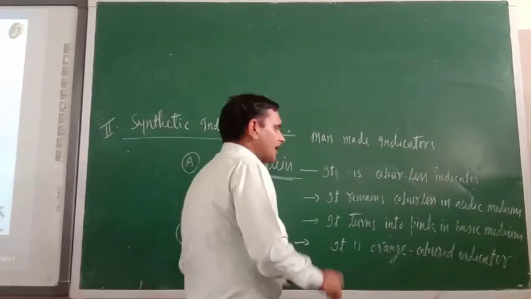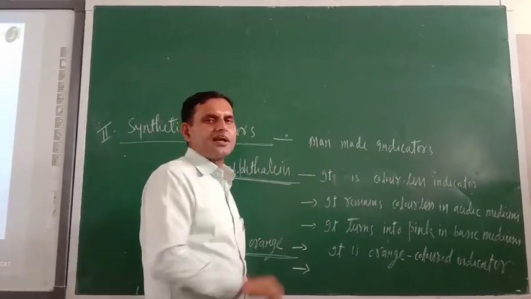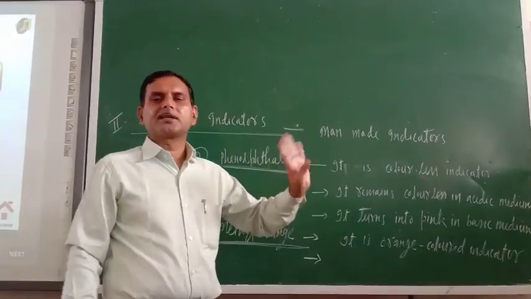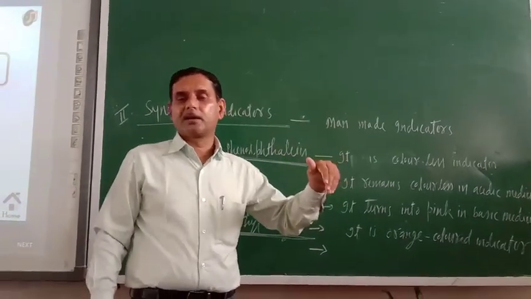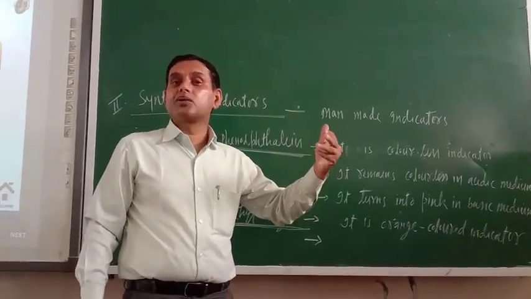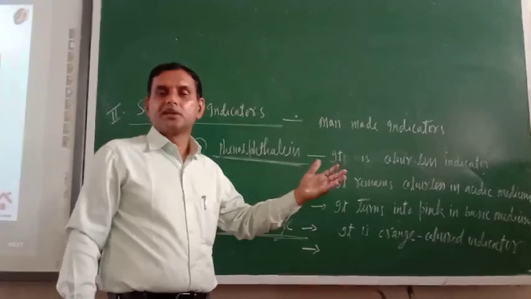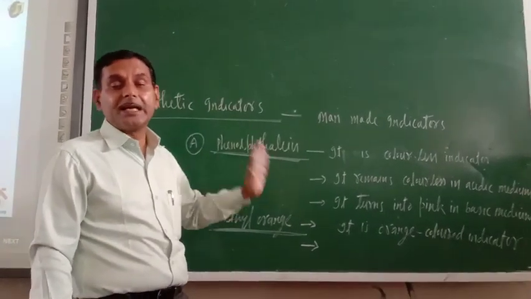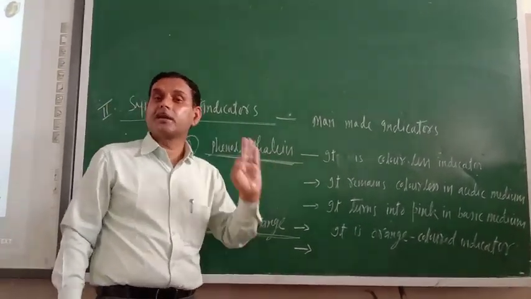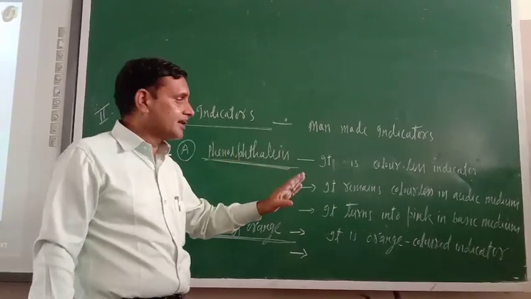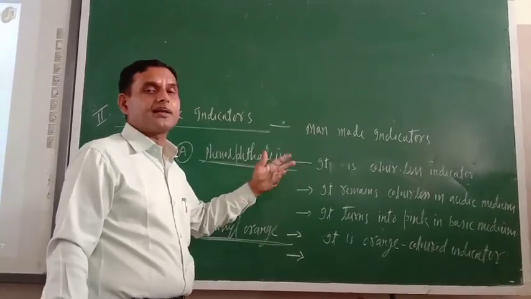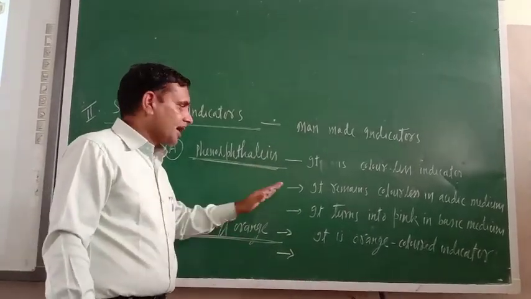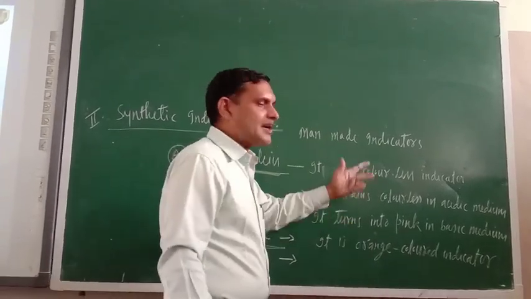Second thing, it remains colorless in acidic medium, meaning it does not change its color when added to an acidic solution. It remains unaffected in acidic medium or acidic substances. It turns pink in basic medium.